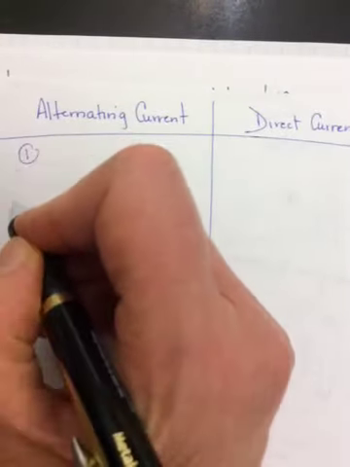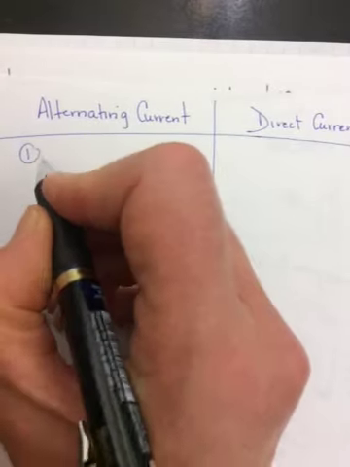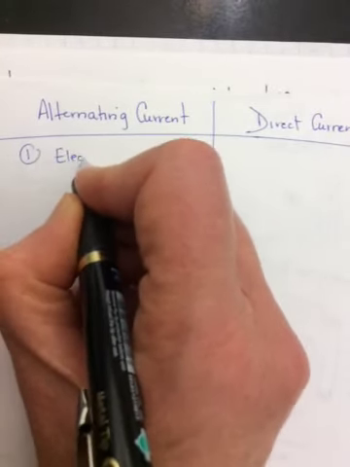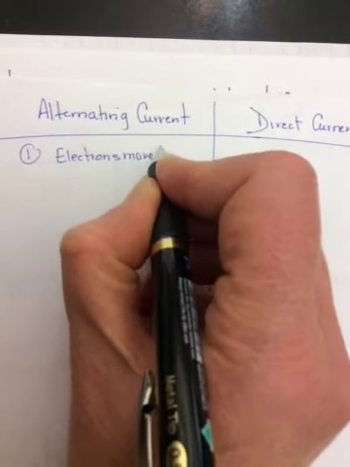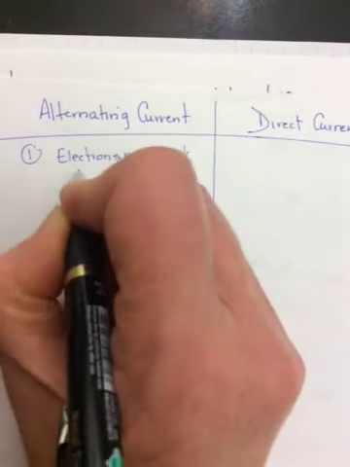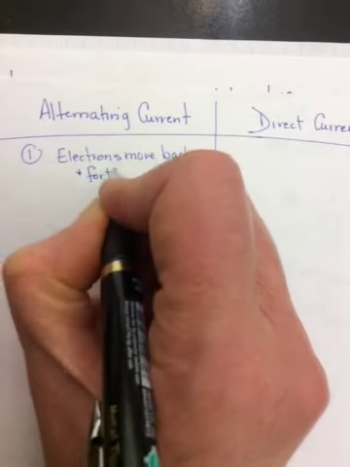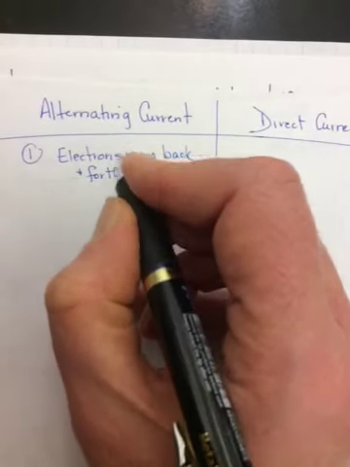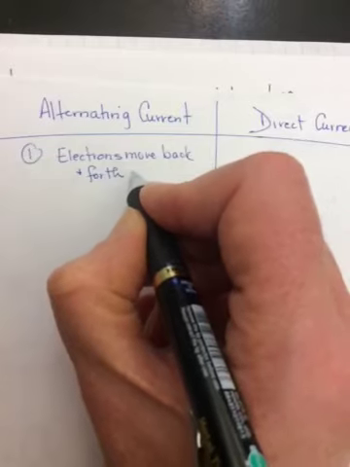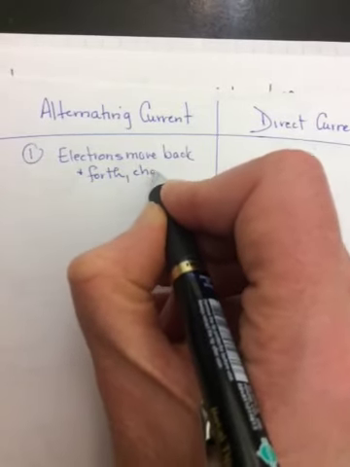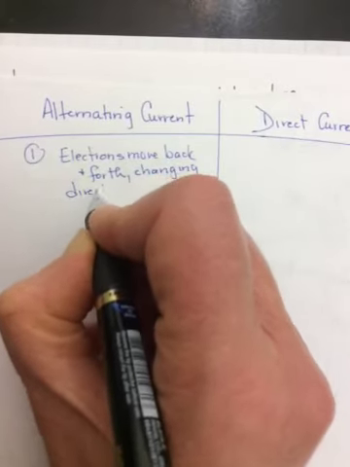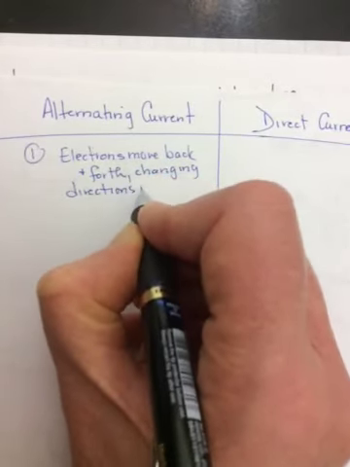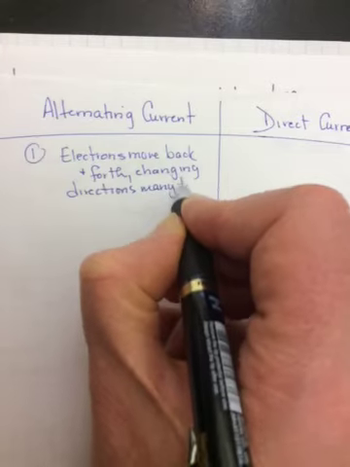And so on the alternating side, we would say electrons move back and forth, changing directions many times a second.